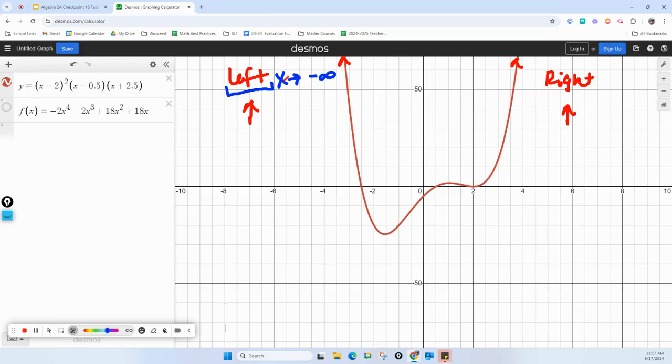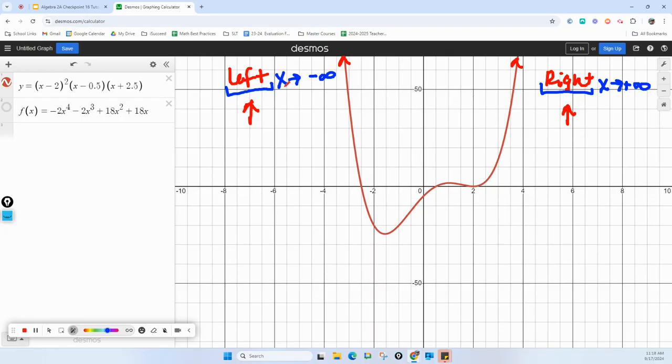And then the right, we're going to say x approaches positive infinity. Positive because that's the most positive, right-sided number that we can think of. So that's how we're always going to start.